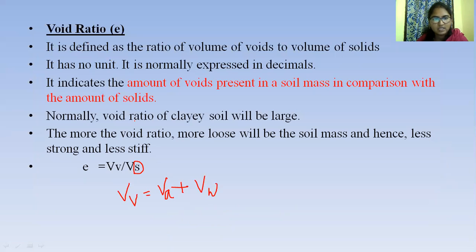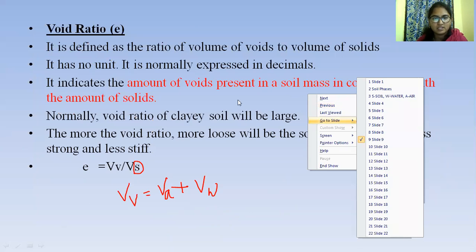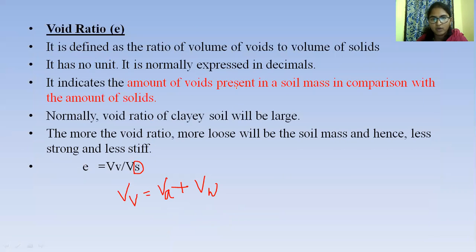It is defined as the ratio of the volume of voids to the volume of solids. That means the amount of voids present in a soil mass in comparison with the amount of solids. That is the definition of void ratio.